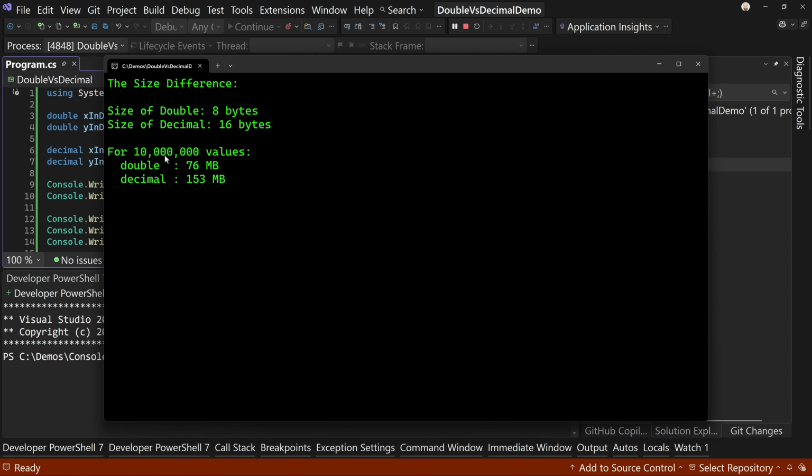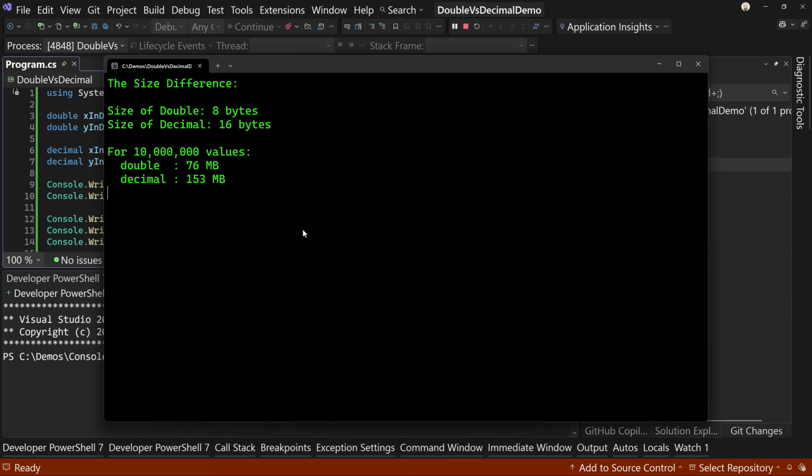So if we had 10 million values, doubles would take up 76 megabytes, whereas decimals would take up 153 megabytes. Now, do you have 10 million variables for doubles versus decimals? Maybe, but either way, it just shows the size difference.